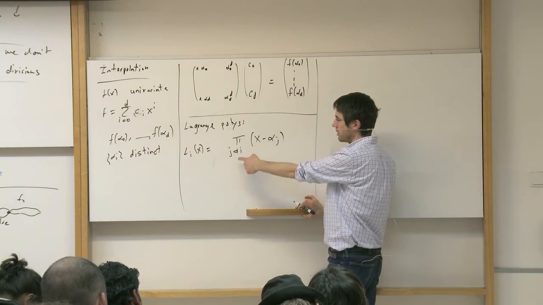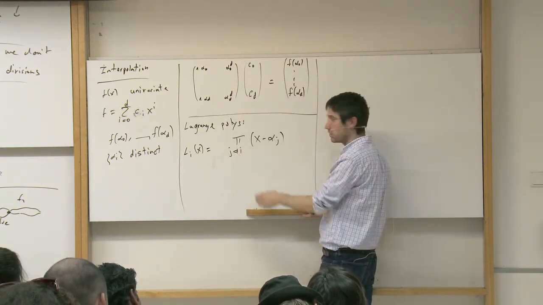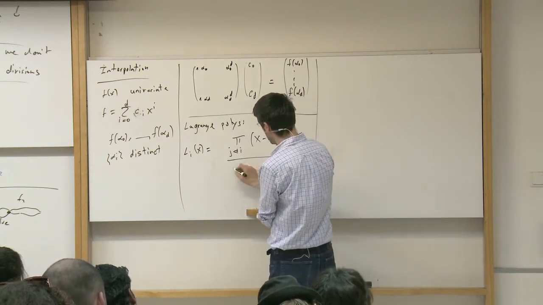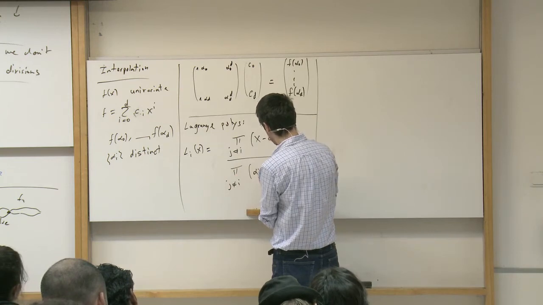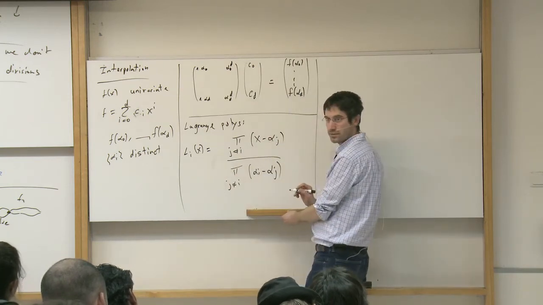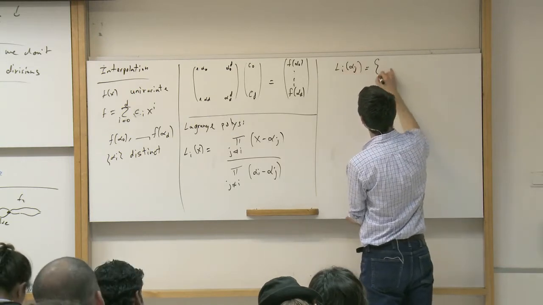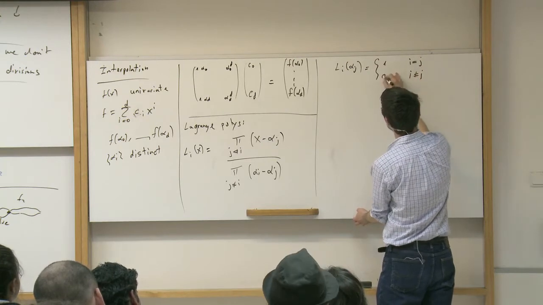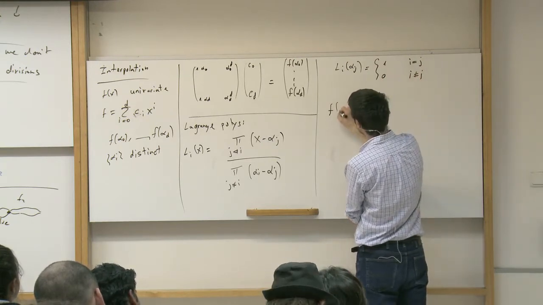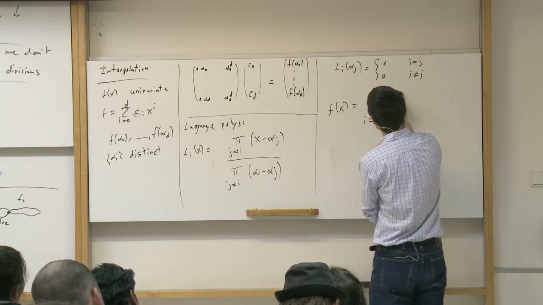When you plug in any of the alpha_j's, it's 0 unless you plug in alpha_i, and then you get something non-zero. So just to normalize it, we'll divide by the value at alpha_i. So this is L_i of x, and L_i of alpha_j is 1 if i equals j, and 0 otherwise. And then you can see that f of x is just the summation, for i from 0 to d.